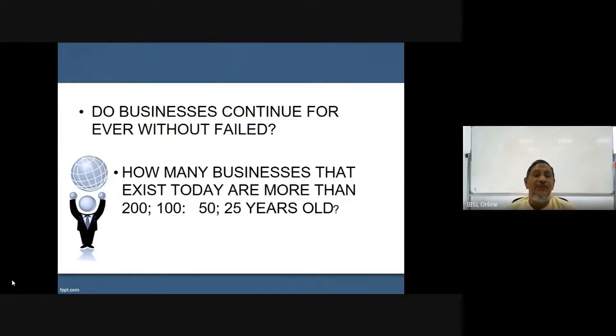Do businesses continue forever without fail? How many businesses that exist today are more than 200 years, 100 years, 50, 25 years old? We look at our environment, our Sri Lankan businesses. How many have been conducted more than 200 years? Very few. You can count on the fingers of a hand. Renaissance is continuing doing business for 130 years.